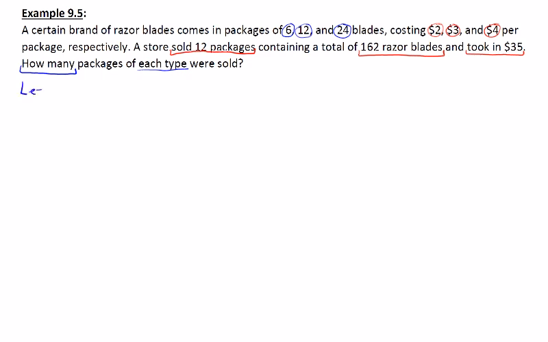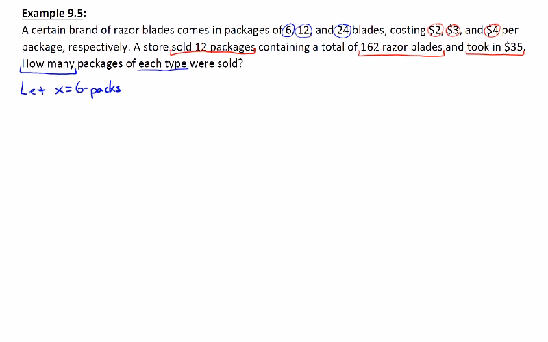So I'm going to let X represent the first variable, and I want X to be associated with the 6 packs. Now, just like on the other examples, if all you do is say X equals 6 packs, then you've really not understood exactly what X is supposed to represent. X does not represent a 6-pack.